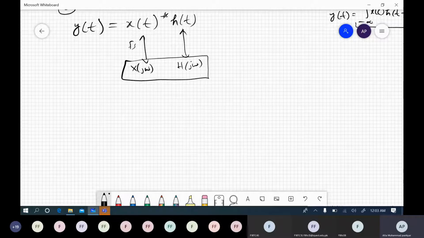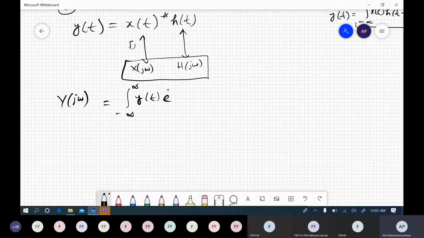If we wish to compute the frequency spectrum of y of t, sorry, I have made a mistake. If we wish to compute the frequency spectrum, then this must be y of j omega, equal to the integral from minus infinity to infinity of y of t e to the power minus j omega t dt.